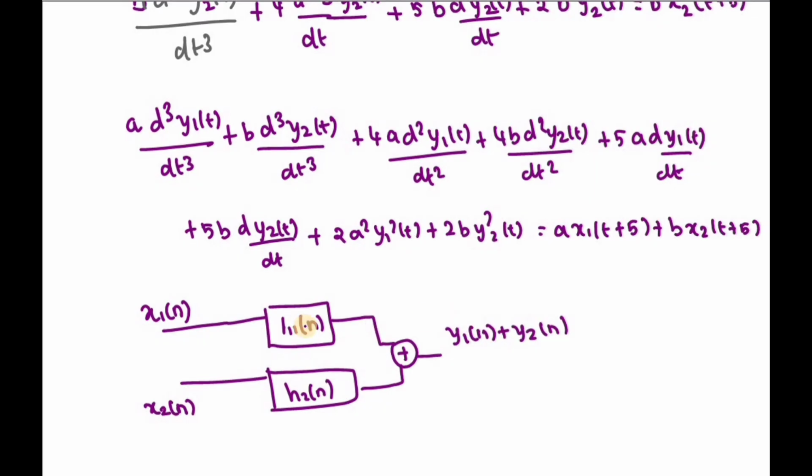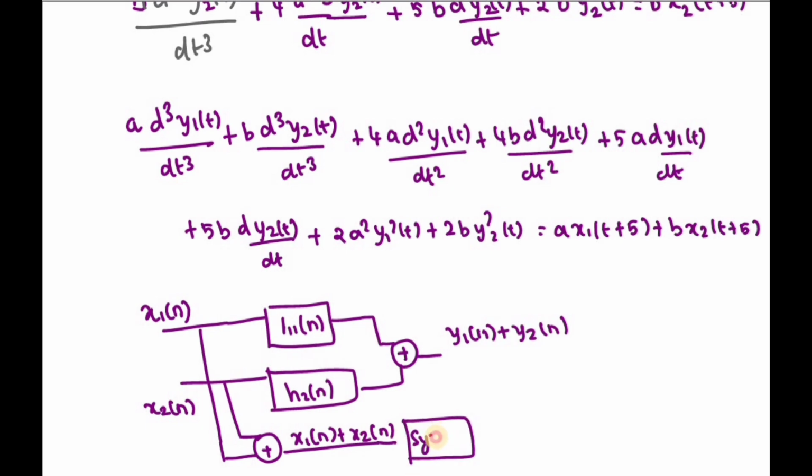When we add these two outputs, it corresponds to the input x1 of n plus x2 of n applied to the system. So we have the principle of additivity.